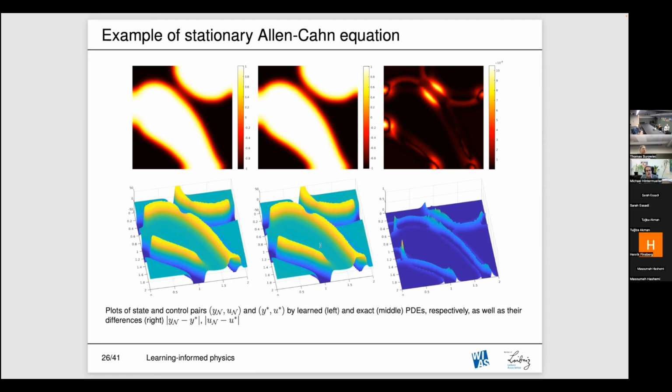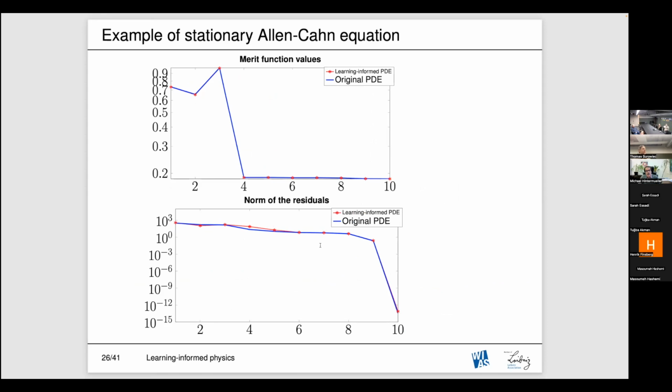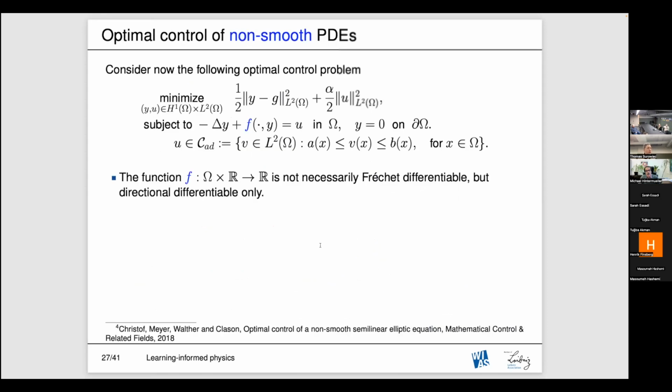Down there in the second row, again first column, you see the associated control u_N. In the middle column, you see the corresponding quantities for a true physical law, which are the corresponding states and controls. Visibly, there's not much difference. And the right column tells you quantitatively the difference between the two solutions. You can see that the neural network approximation works reasonably well, and we used here around 353 parameters in W and P to be identified from data. All works fine as expected.